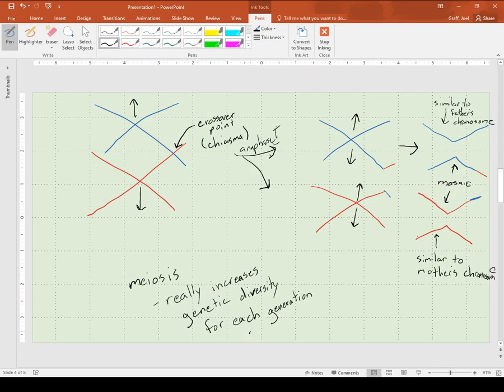And because it's meiosis, what we're talking about here is sexual reproduction.